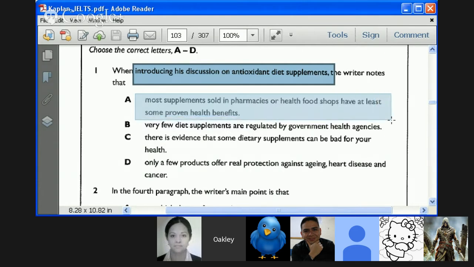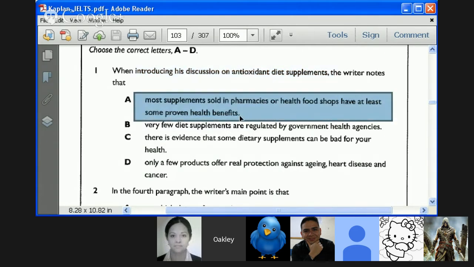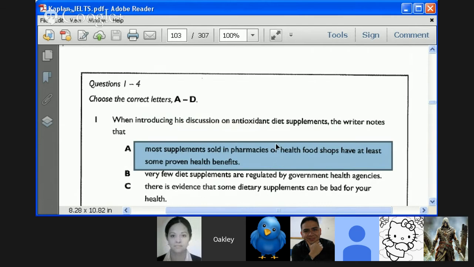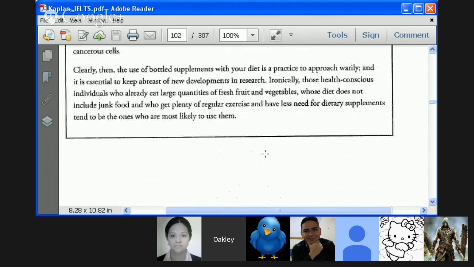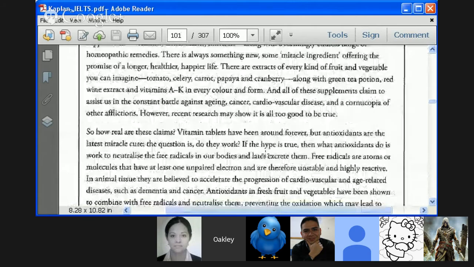Most supplements sold in pharmacy or health food shops have at least some proven health benefits. Did the writer actually say that? Should we? If you don't know, then we need to look. I think that he could have said that. All right.